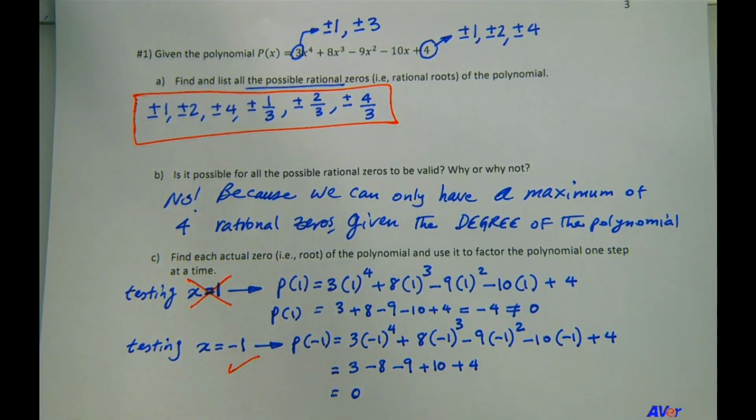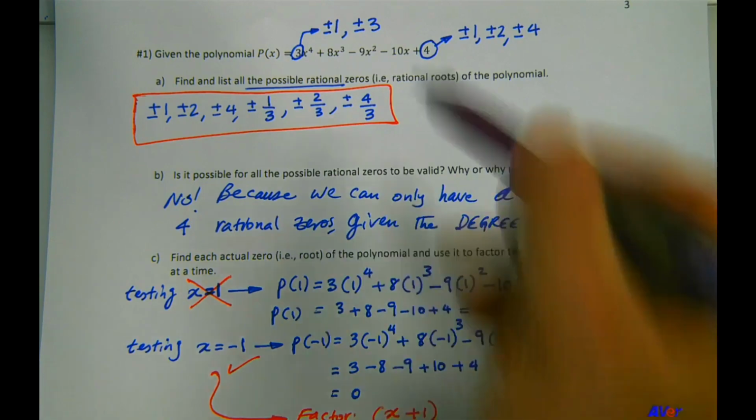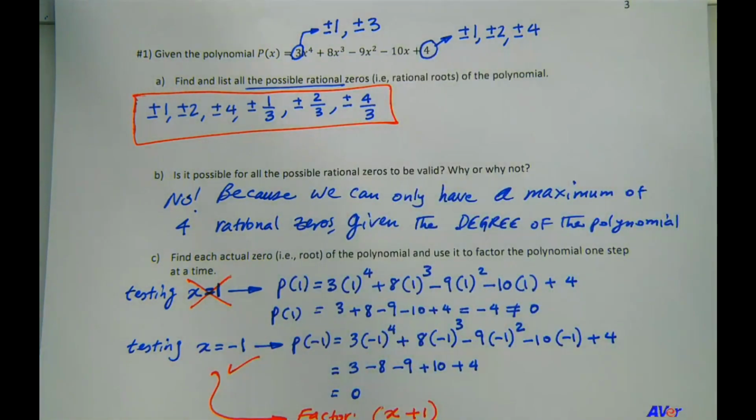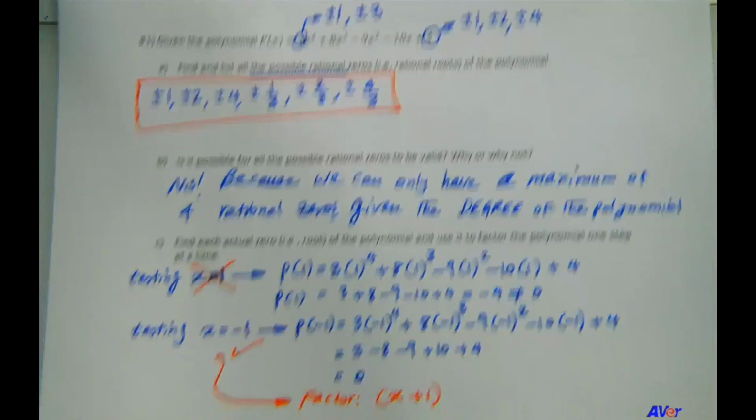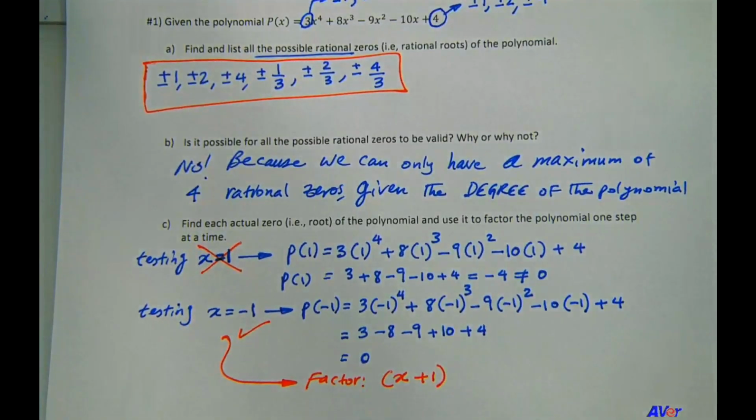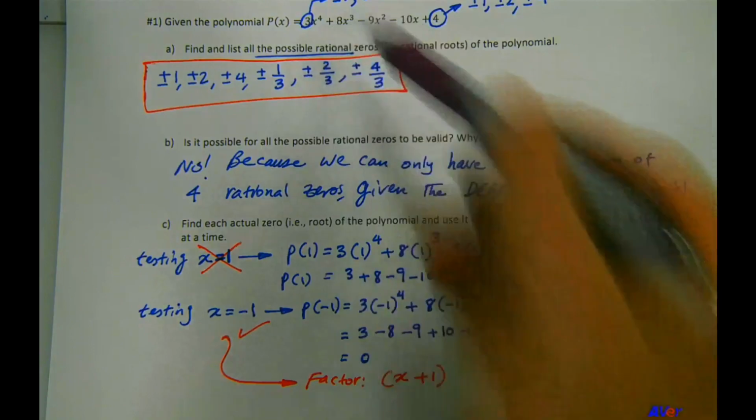So the factor from this rational 0 would be x plus 1. Okay. Now if you solve this, if you set this equal to 0 and solve for x, you get negative 1. Okay, so this is one factor of this polynomial.